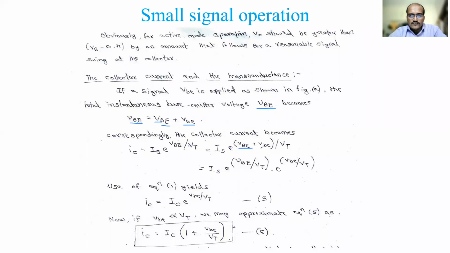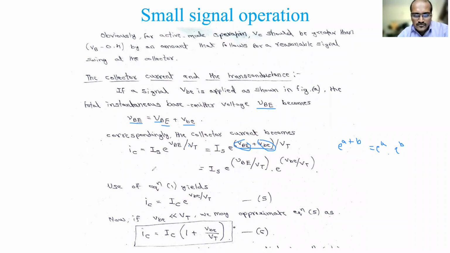You know that e to the power A plus B means e to the power A into e to the power B, so we expand it with this basic mathematics. That's why you get e to the power VBE by VT into e to the power vbe by VT.